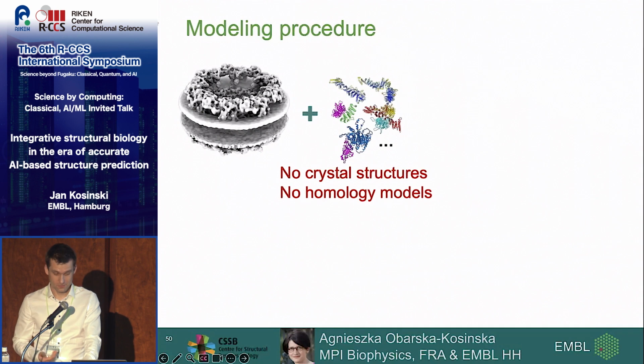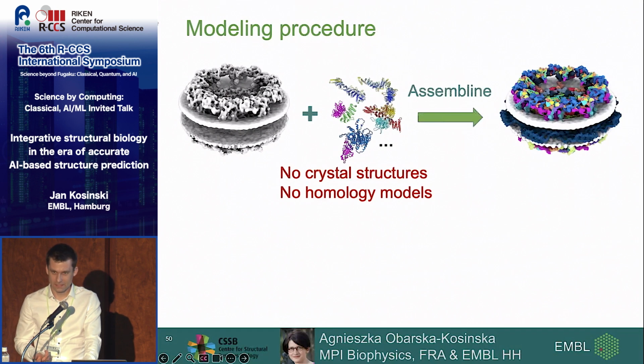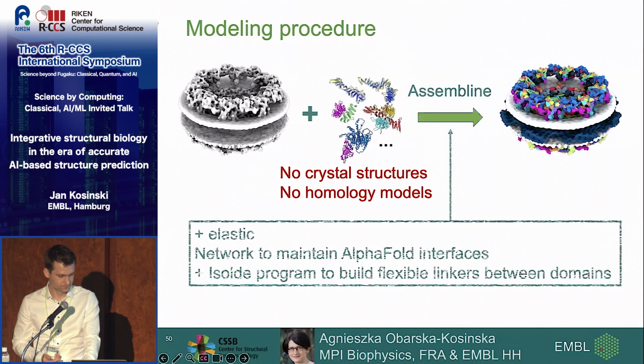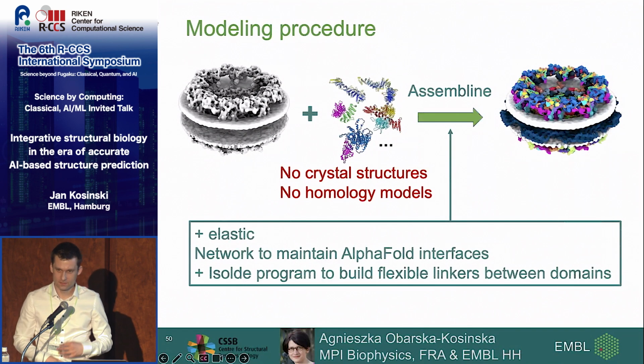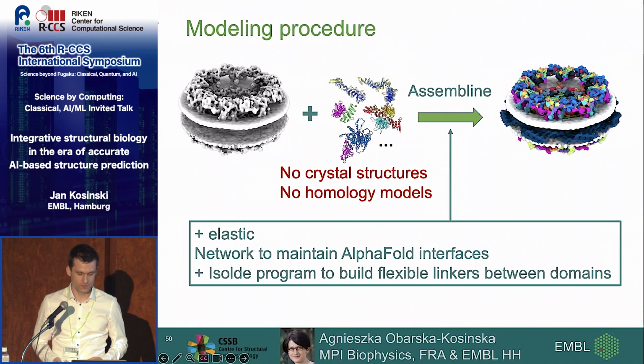This time we didn't use any crystal structures or homology models, and ran assembly again to fit them to the map. And we added some new features to the procedure on top, like for instance an elastic network to maintain AlphaFold interfaces, or some other programs and approaches to model flexible linkers between domains, which were only now possible because of the high precision of the input models.